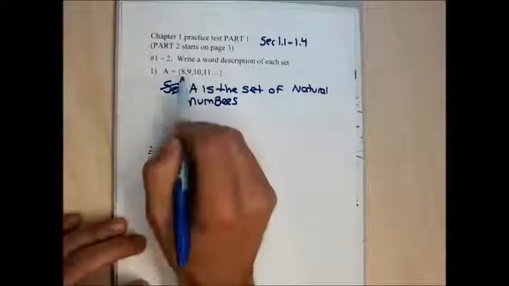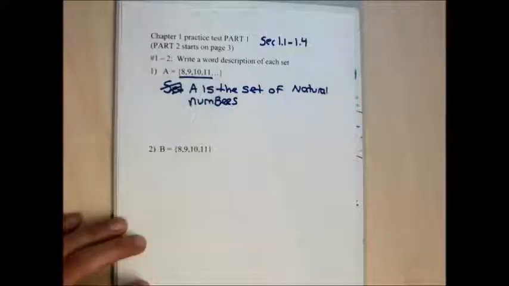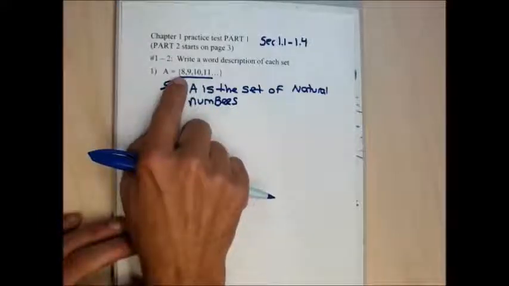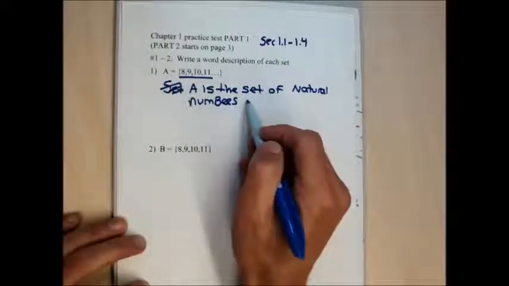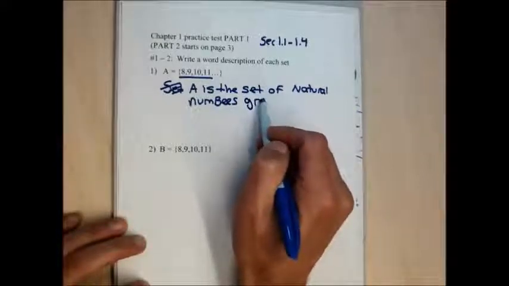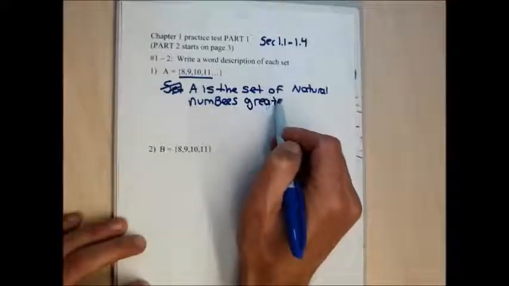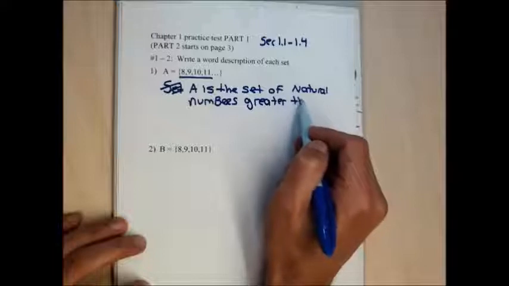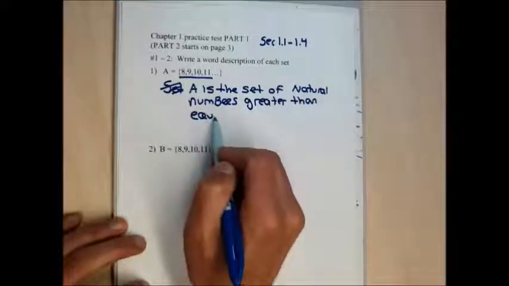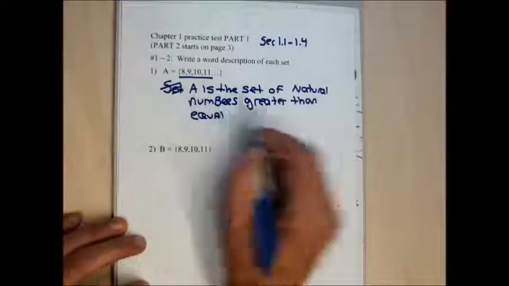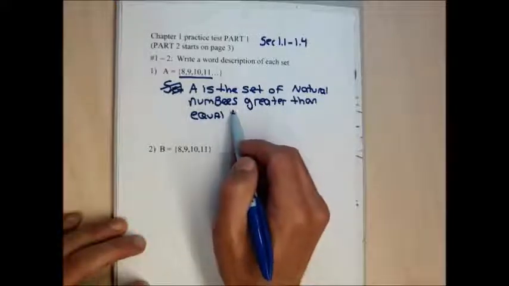It doesn't describe these numbers. And I would say the numbers start at 8 and get bigger. And probably the nicest way to say that in words might be using the words greater than or equal to 8, because I need the equal to include the 8. And then the greater than part gives me the 9, 10, 11, and 12, and so forth.